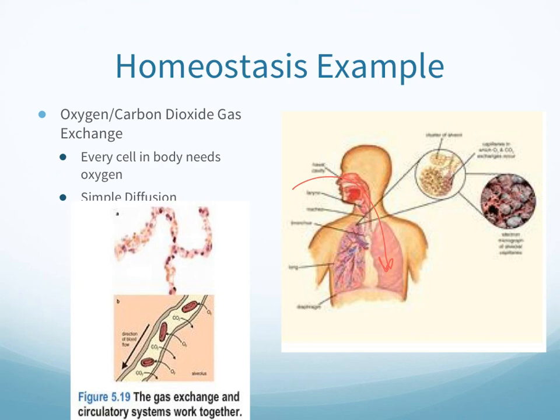Then, once the cell has used its oxygen, in what's called cellular respiration, it's going to get rid of carbon dioxide back into the bloodstream, and it's carried back to the lungs, and eventually you will breathe that out. But there's a constant homeostatic mechanism. If you don't believe that there needs to be a balance, go ahead and try to hold your breath for about 10-11 minutes, see what happens. And that's probably long enough.